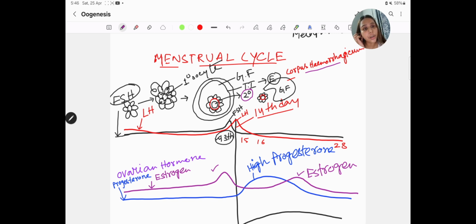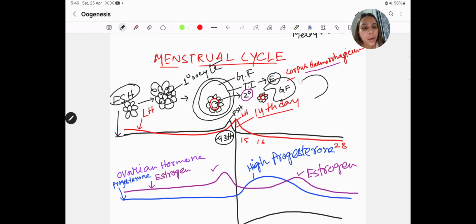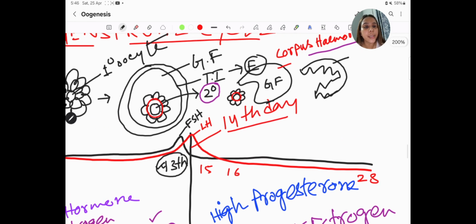When there is rupture of this Graafian follicle, that blood will clot and form this corpus hemorrhagicum, and after some days it will appear as a crumpled bag-like structure. And that is the corpus luteum.